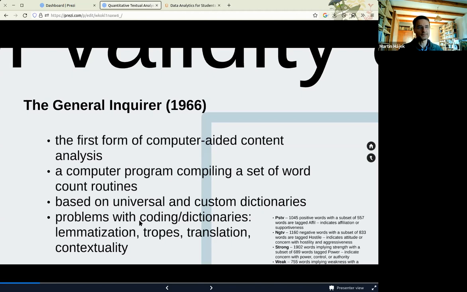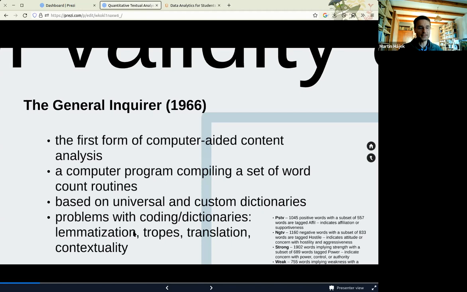But this approach has some problems with it. First is using the coding and dictionaries. First is lemmatization: in order to be able to analyze text, you have to transform words to their basic forms, to their lemmas, and analyze lemmas.